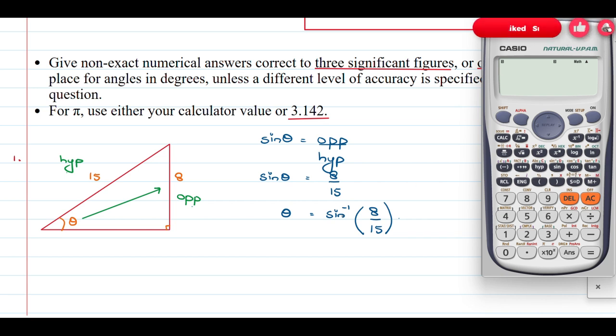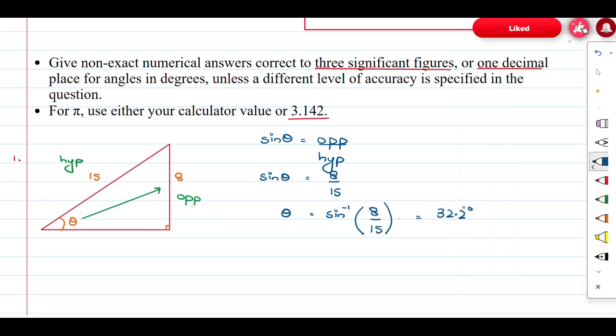We need sine: shift sine gives sine inverse, and sine inverse of 8 divided by 15 is 32.23, so rounded to 1 decimal place, 32.2 degrees.